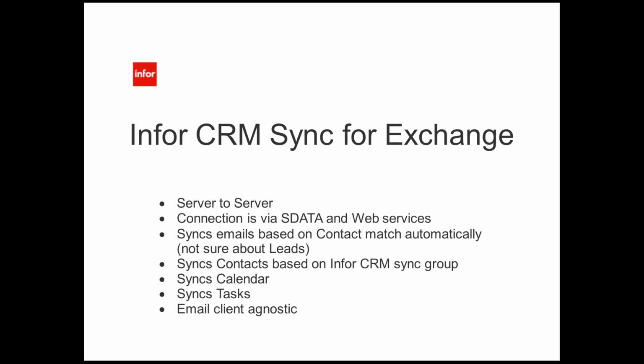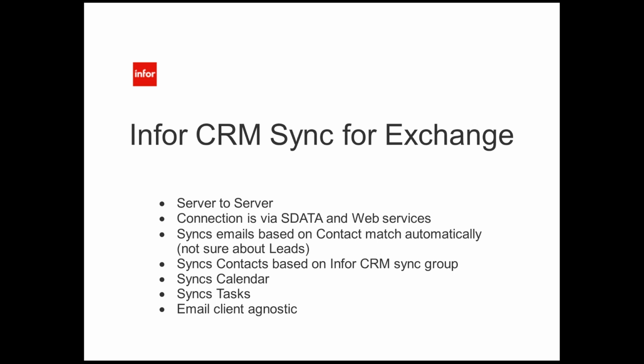And what does it sync? Well, it syncs emails, and this is new and exciting because Exchange Link didn't have that. So it's going to synchronize emails for any email box for any of your Infor CRM users that are set up to do that, and I'm going to show you that as we get into it here.